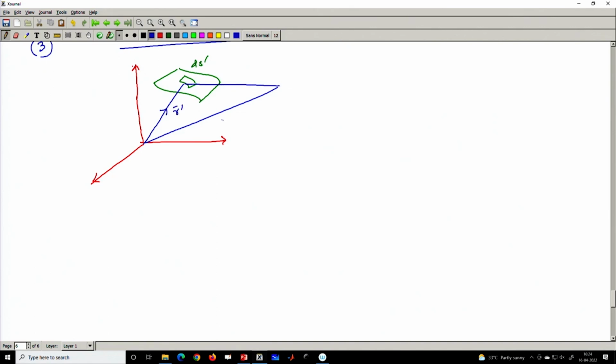This is R prime, this is R, and this is R minus R prime.